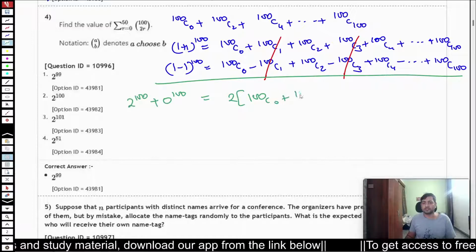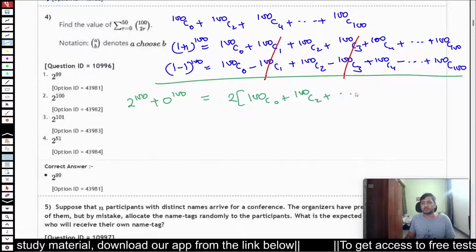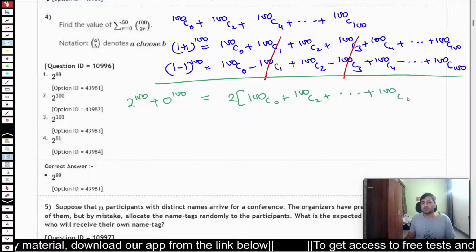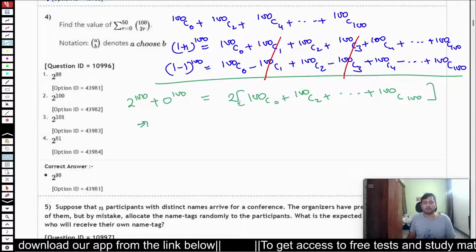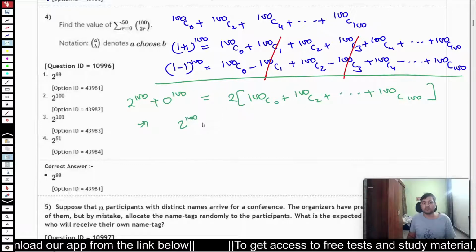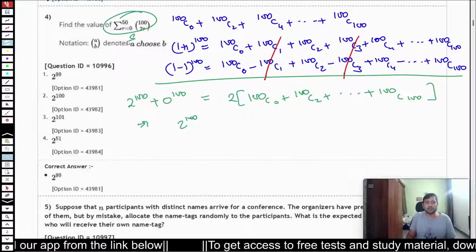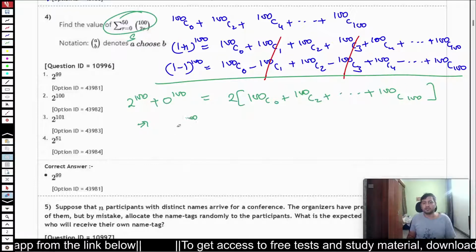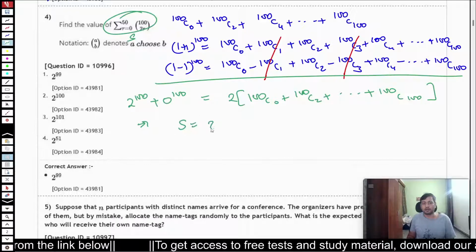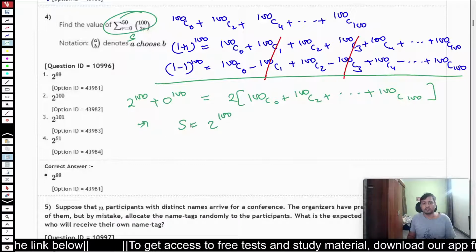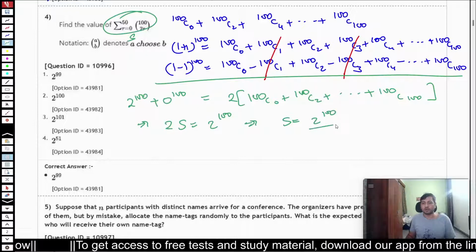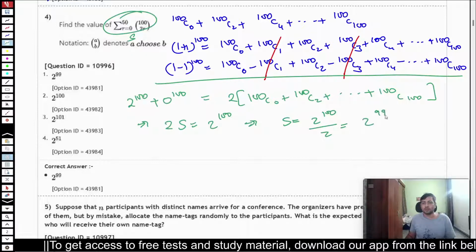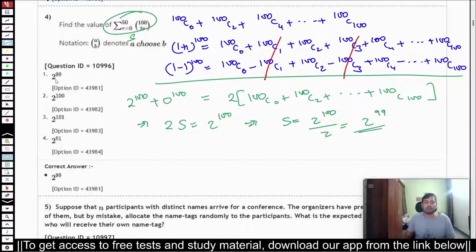So 2 to power 100 is what you are looking for. If I call this sum S, then 2 times S is equal to 2 to power 100, which implies S is equal to 2 to power 100 divided by 2, which is 2 to power 99. So that's your correct answer.